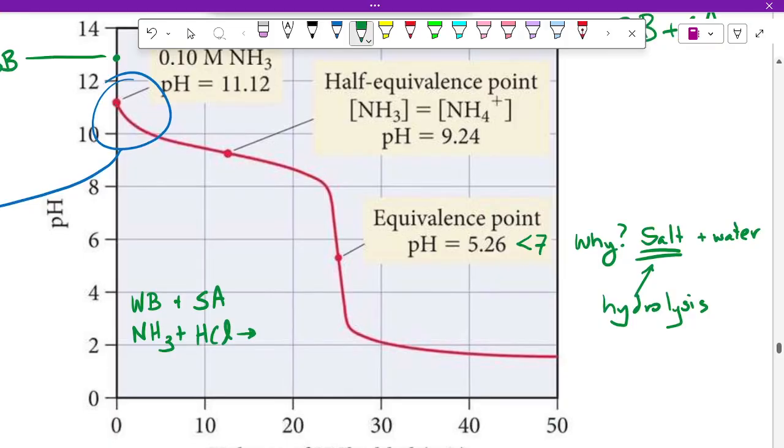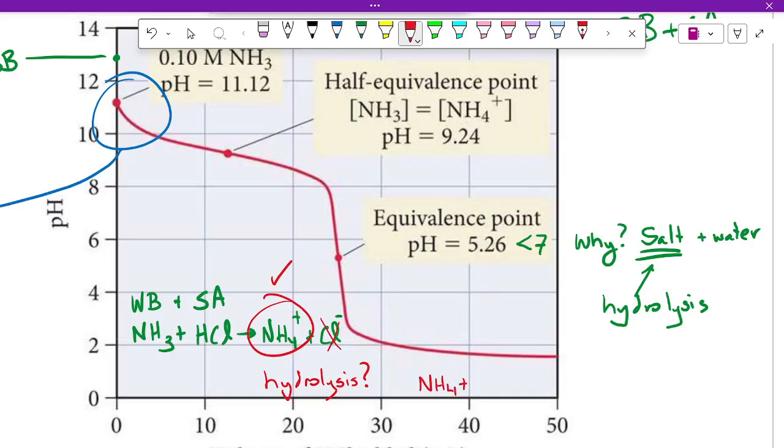NH3 plus HCl. Oh wait, NH4+ plus Cl-. There actually isn't any water involved in this. We just get the NH4Cl. Do we get hydrolysis?